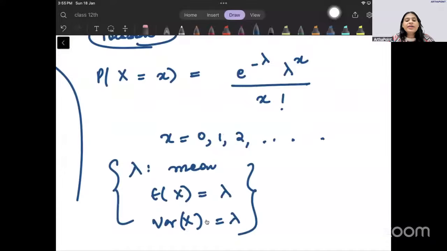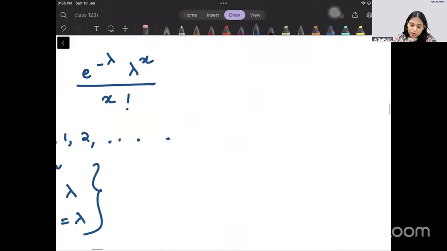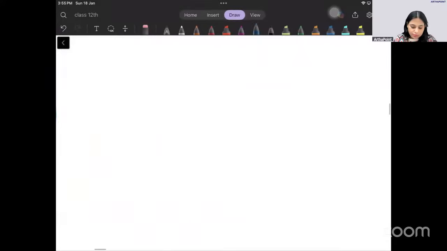Let us go ahead and let us do some numerical on Poisson distribution. So what kind of questions can be given to you in exam? अच्छा इसमें ना आपको कैसे identify होगा कि Poisson distribution use करना है?